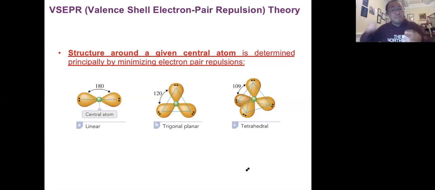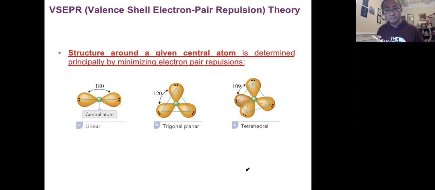Their repulsion is minimized. How do they minimize that? As far away as possible from each other. If they're further apart, the repulsion is smaller because they're like magnets of the same type. So the theory is based on minimizing the repulsion of the central atom electron groups, or you could say maximum distance of these electron groups.